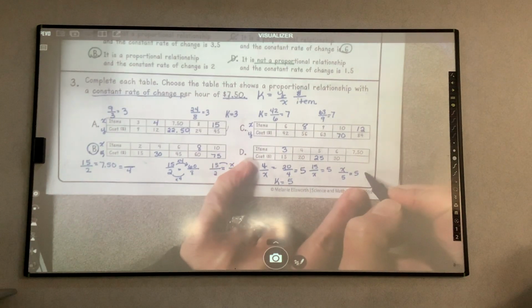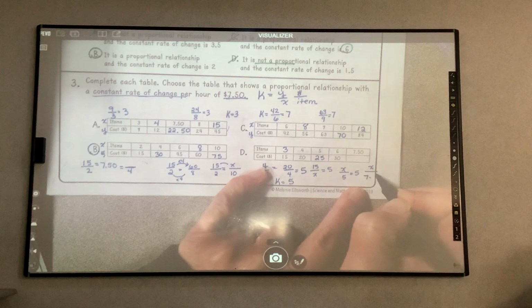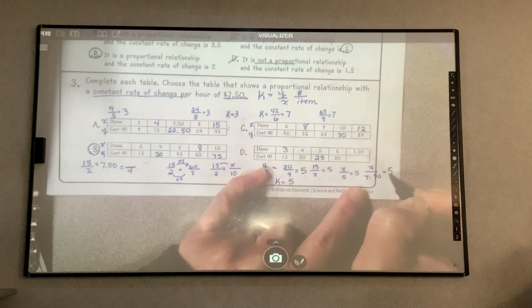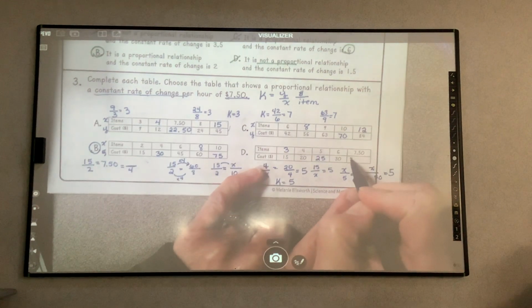And this last one, something over 750 equals 5. That was probably a little bit harder. Did anybody get that one? 37. What did you get? 37. Good. 3750.